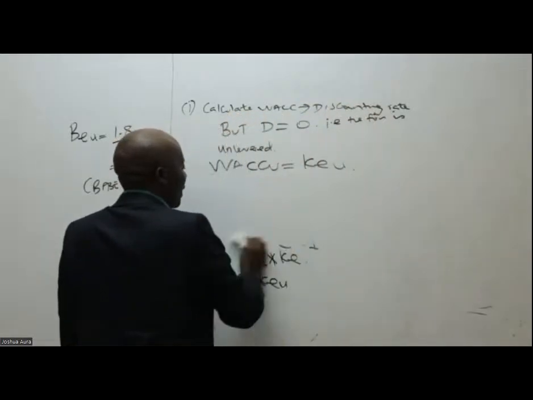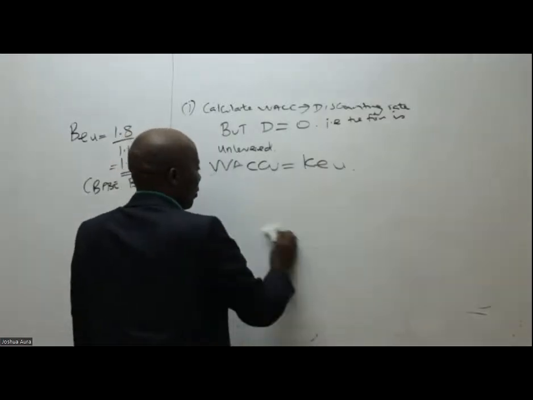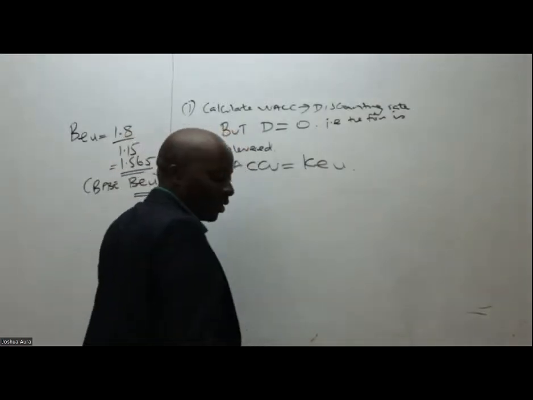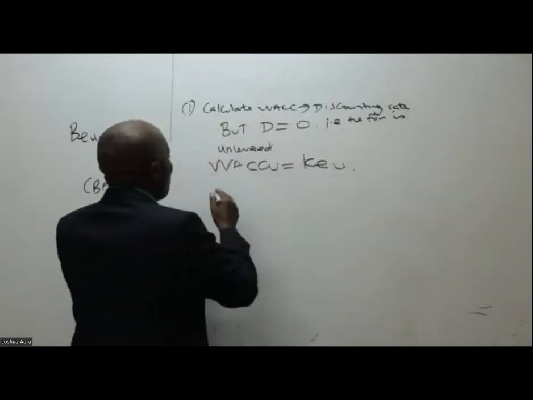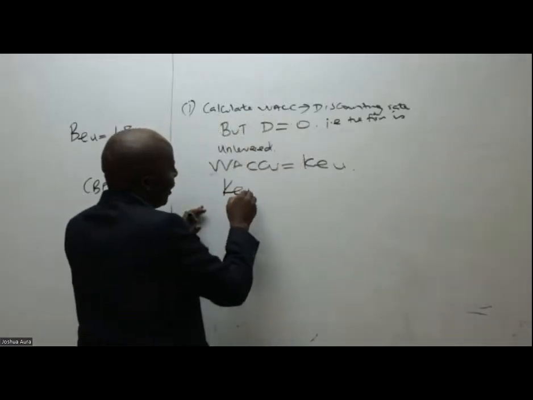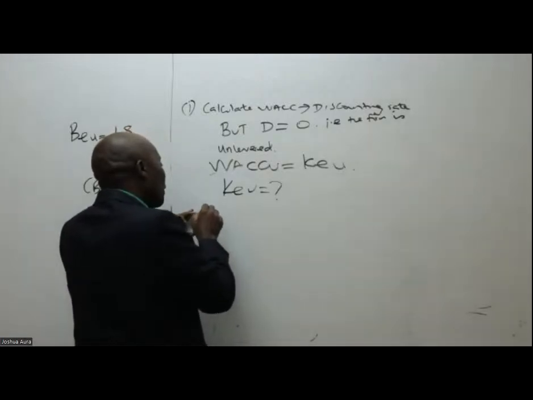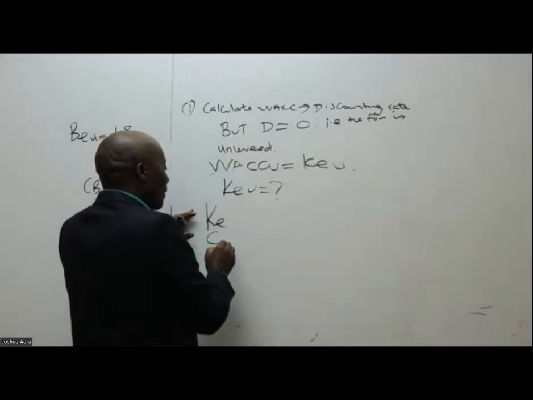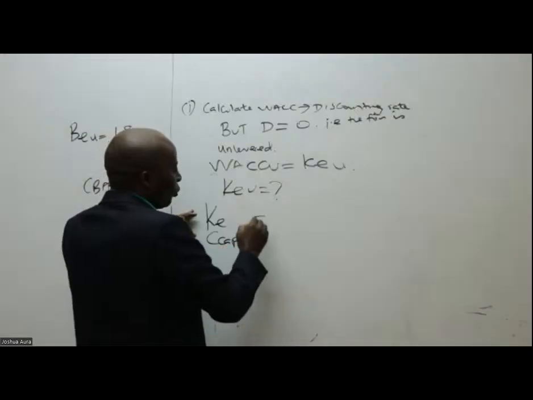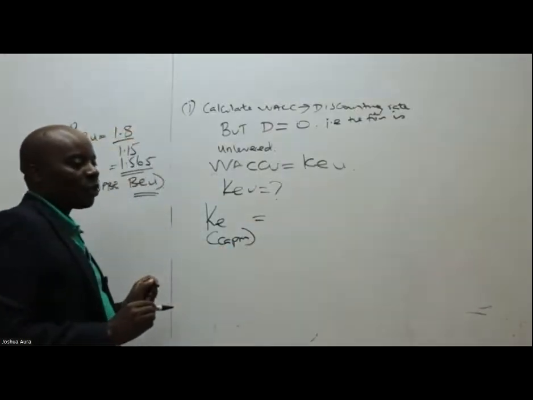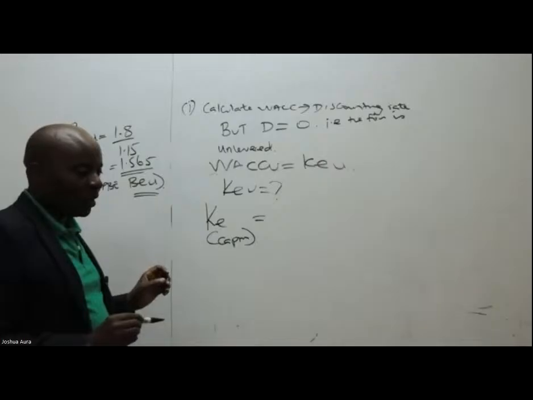So then, ladies and gentlemen, our work here will be to get this Ke(U). How do we get it? First of all, we know one of the functions of CAPM is to calculate cost of equity.